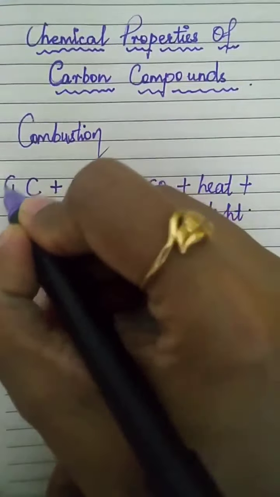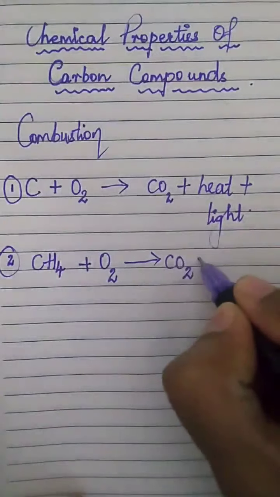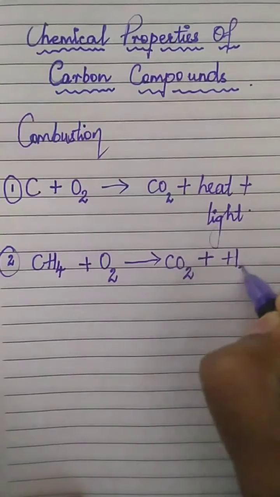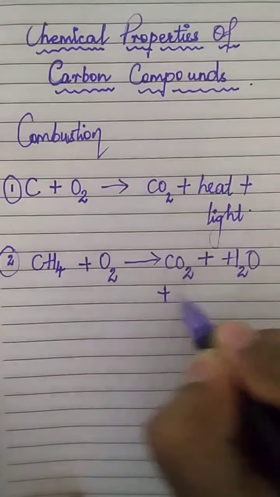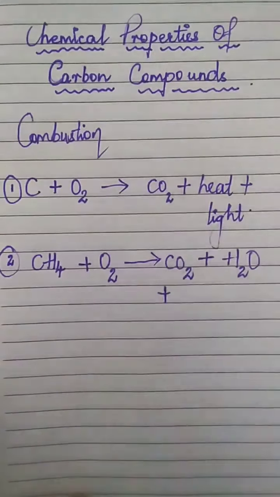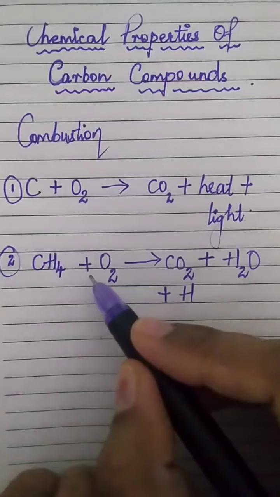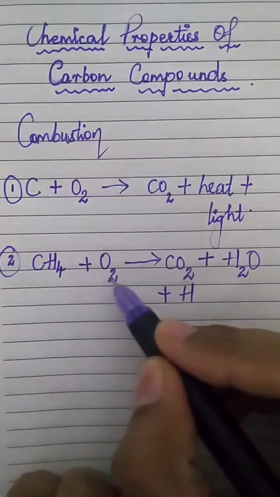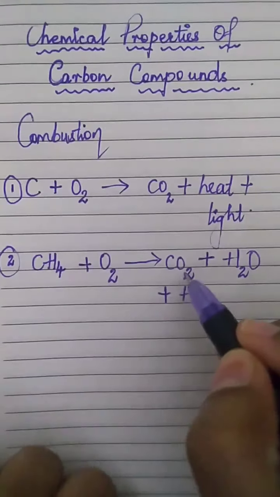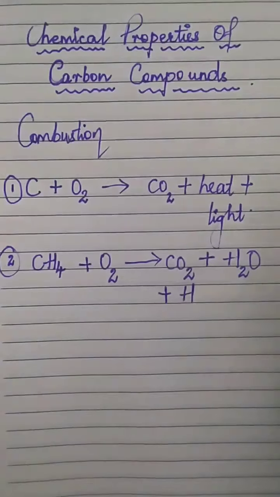As you can see here, there are hydrogen atoms, so obviously there will be water molecules plus heat and light. Methane plus oxygen, that is, methane undergoes combustion to give carbon dioxide gas, water, heat and light.